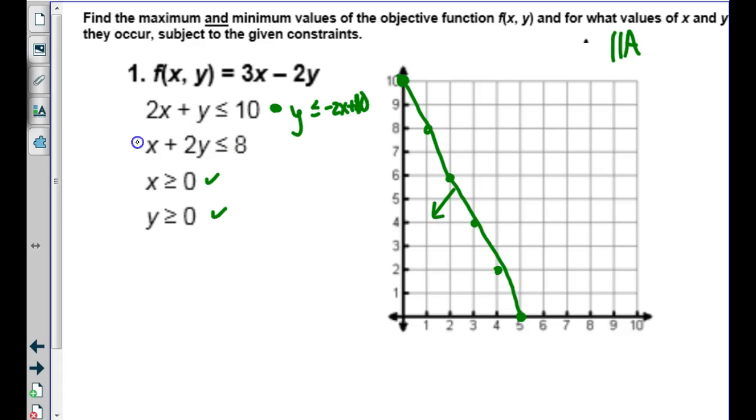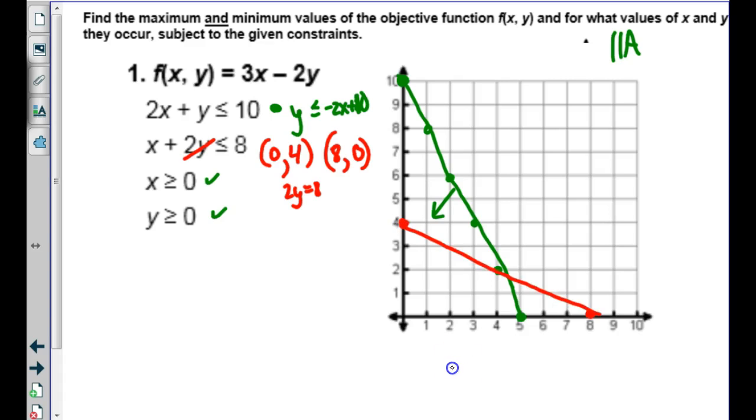All right, do you want to solve this one for y, or can I do it the other method? If you put a 0 in, it'll now say 2y equals 8, which would make y 4. If I put the 0 in for the y value, it would just say x is 8. So over 0 and up 4, over 8 and up 0.